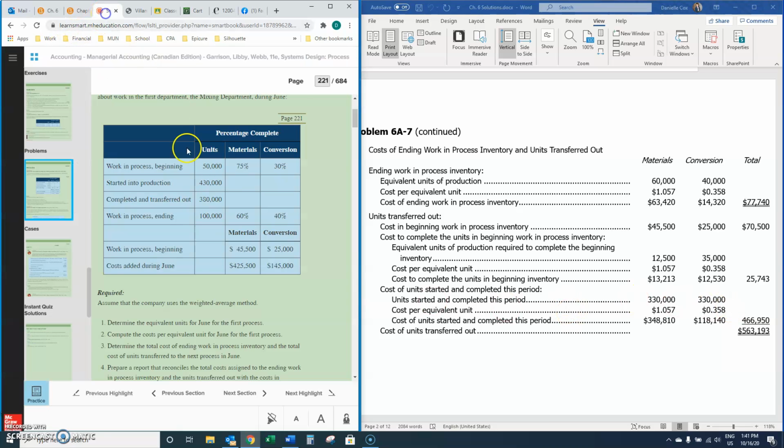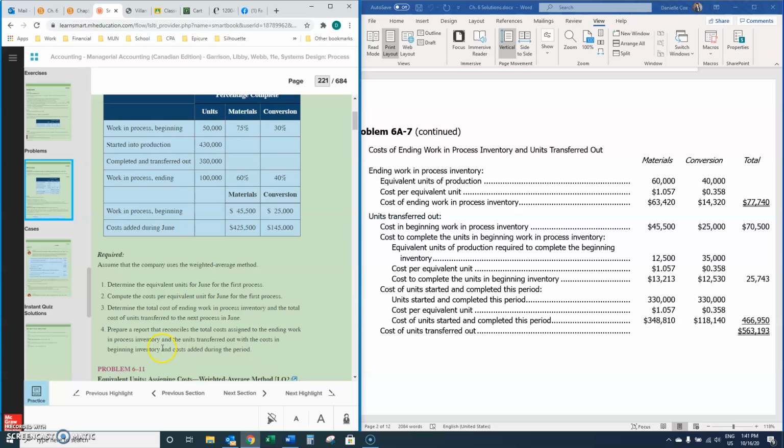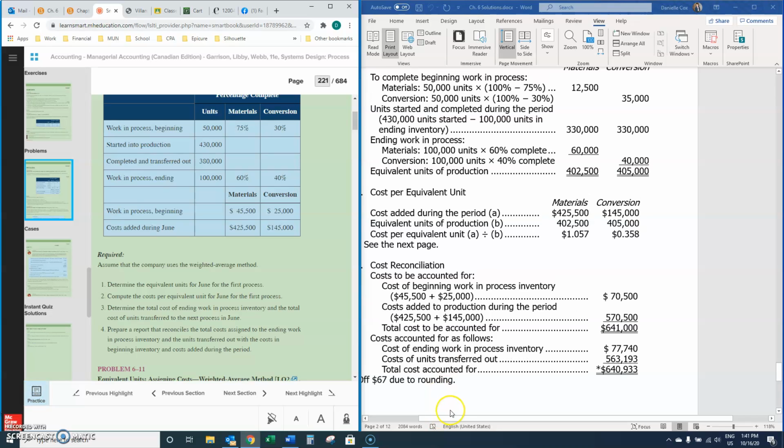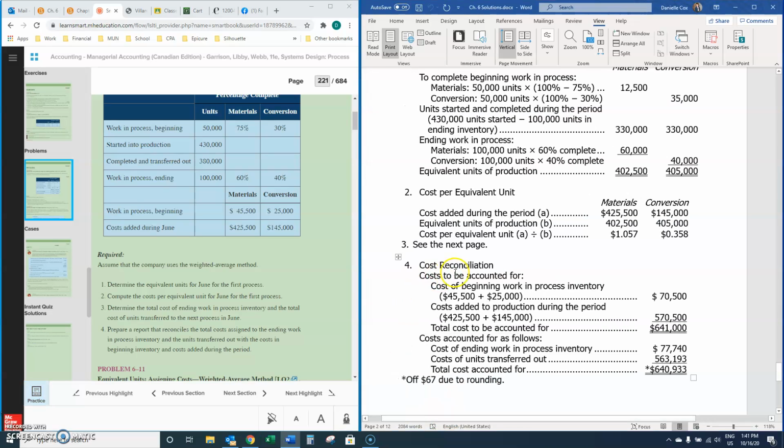And the last part, number 4, reconcile. So let's go back up. Again, it's costs to be accounted for. This was in work in process at the beginning, so the 45.5 and the 25, which is 70,500.